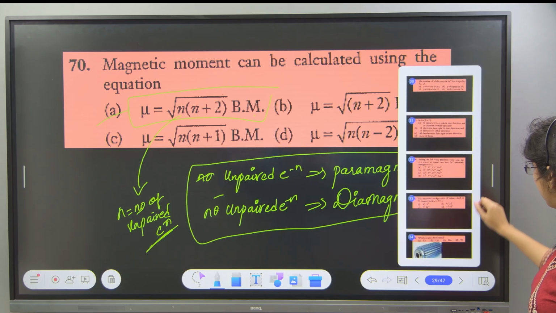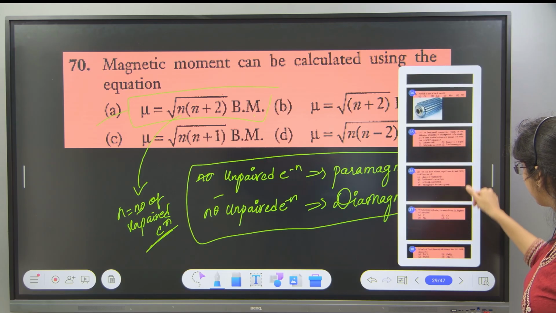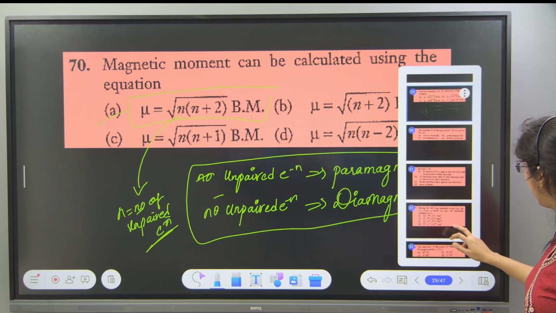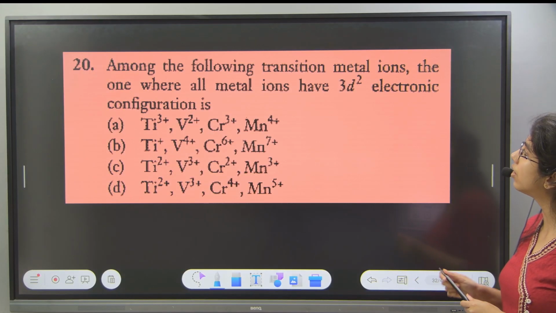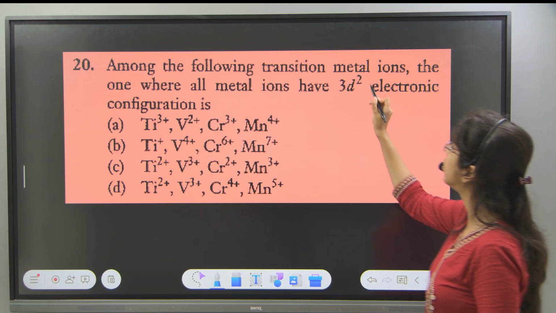Now, can you answer this question based on electronic configuration again? All the metals should have 3d2.